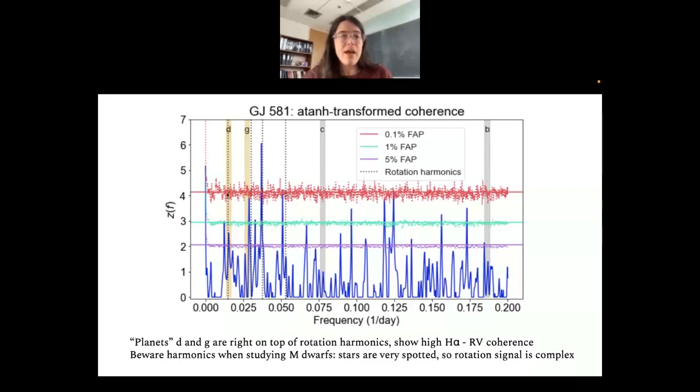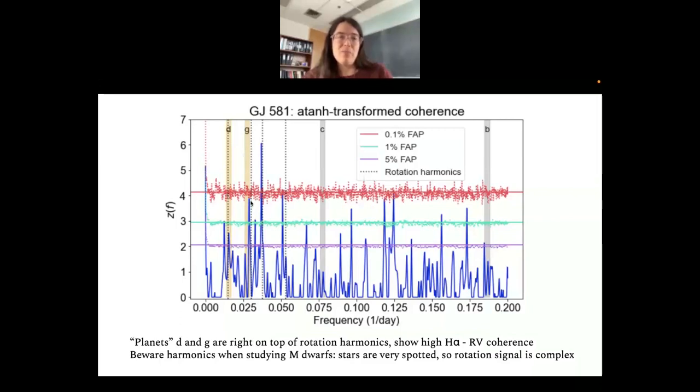And what you'll notice is that, first of all, the dotted lines are rotation harmonics, and you'll see huge signals within a resolution element of the rotation harmonic. So this is a complex rotation signal, as you might expect from an M dwarf. And second, the planets D and G that are really not planets, if you look at the gold, which is just the bandwidth of this estimate, you can see big signals in our coherence between H alpha and RV.